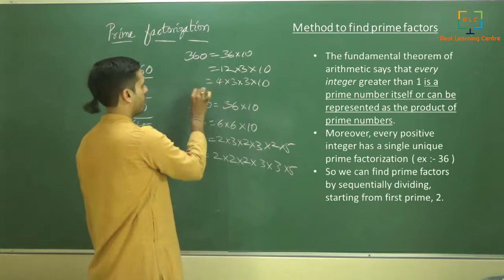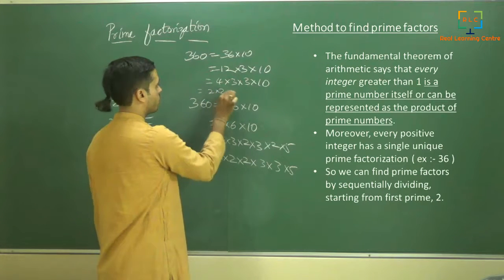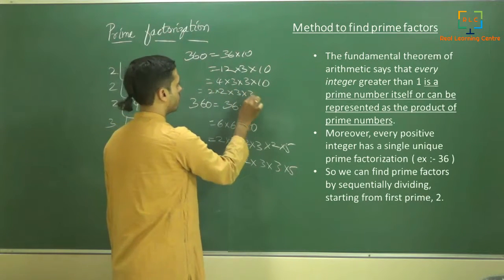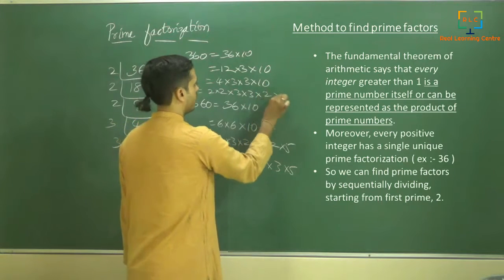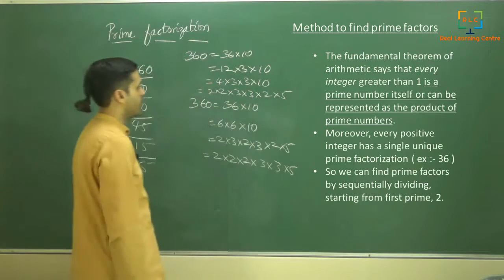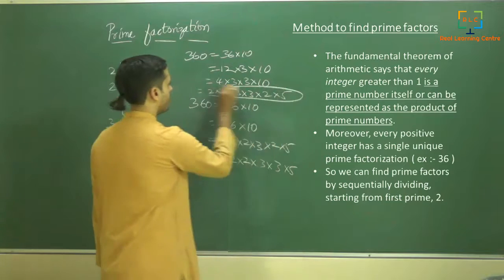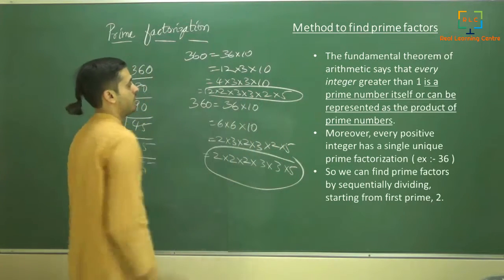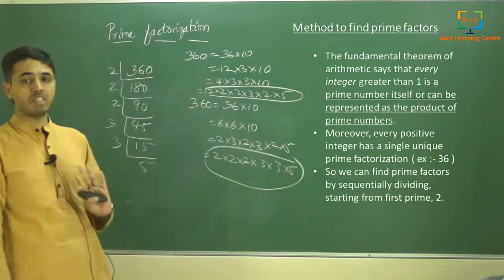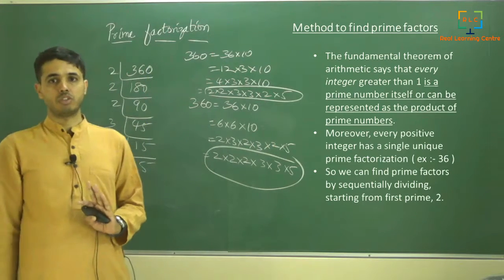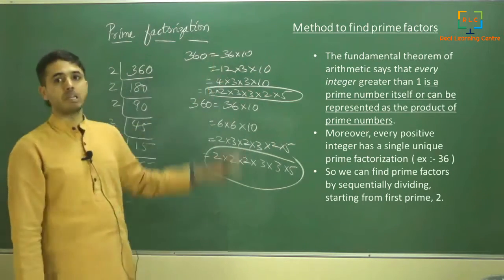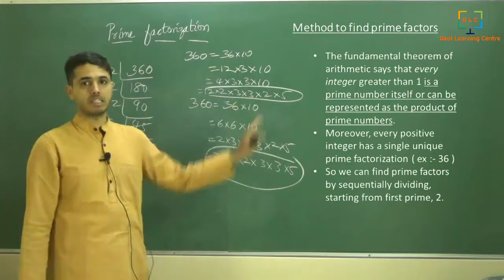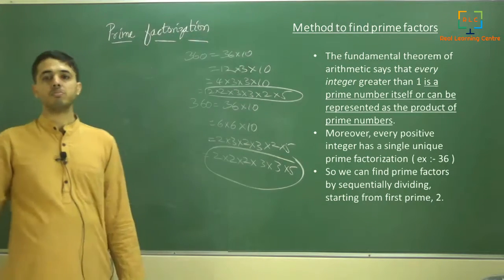Further splitting it, we get 2 into 2 into 3 into 3 into, again 10 is 2 into 5, which is same as this number. Of course, this 12 we can write it here, so both are same. So we always get unique prime factorization, no matter how it is split in between. In the end, we always get the same prime factorization.